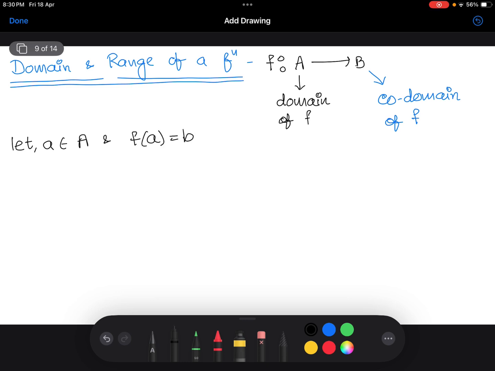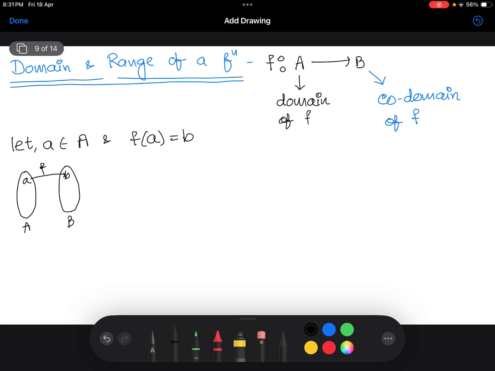So what do we mean by that? There is an element a in A and there is an element b in B. This f assigns a to b, right?